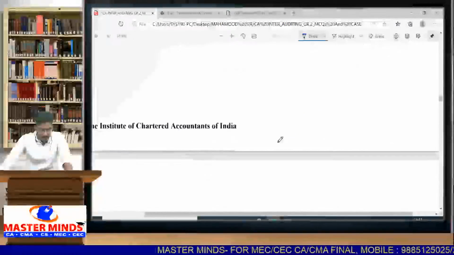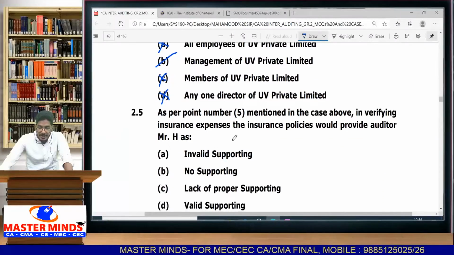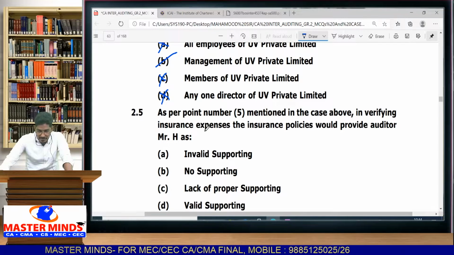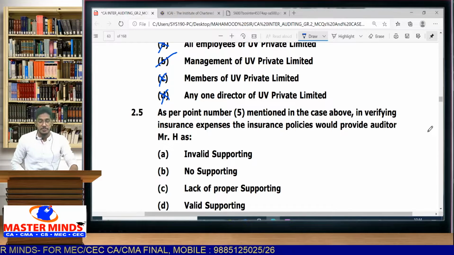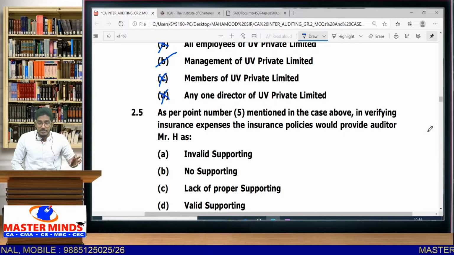So, 2.5. As per point number 5 mentioned in the above case, in verifying insurance expenses, the insurance policies would provide auditor Mr. H as... That means when you are verifying insurance expenses, if you have insurance policies, that would provide auditor with what? That would provide auditor with valid supporting.